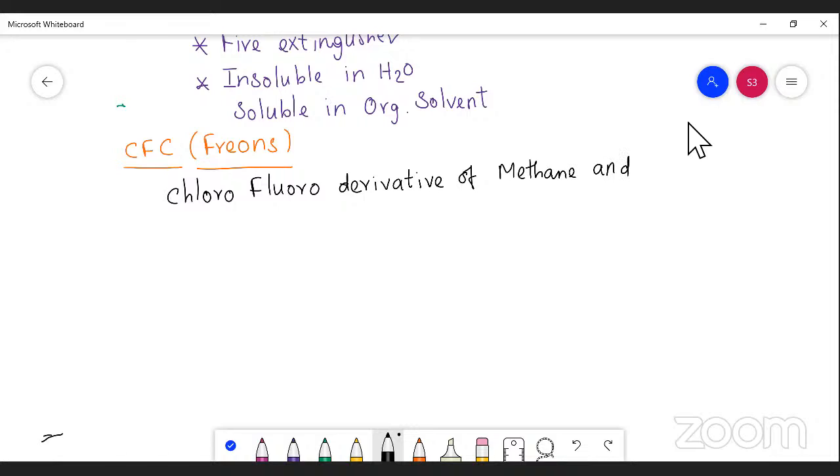The chlorofluoro derivatives of methane and ethane are called CFC, which is known as freons.